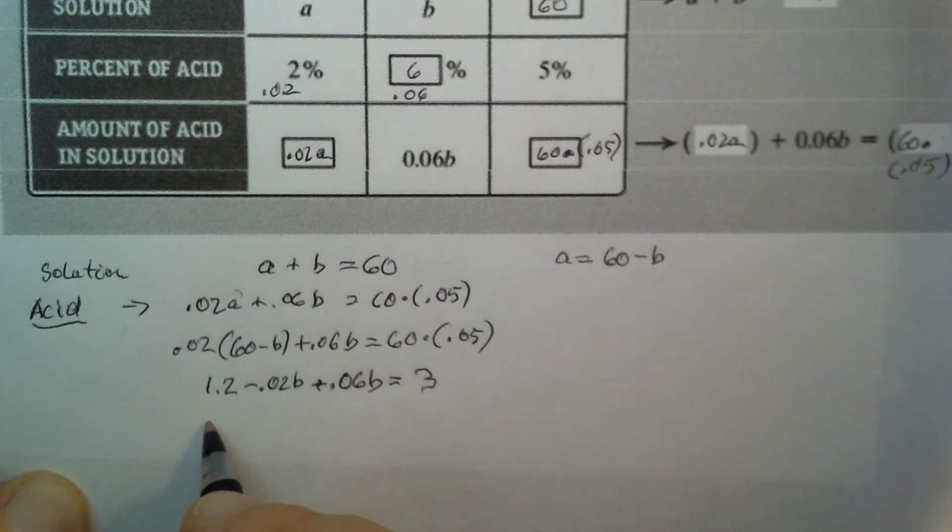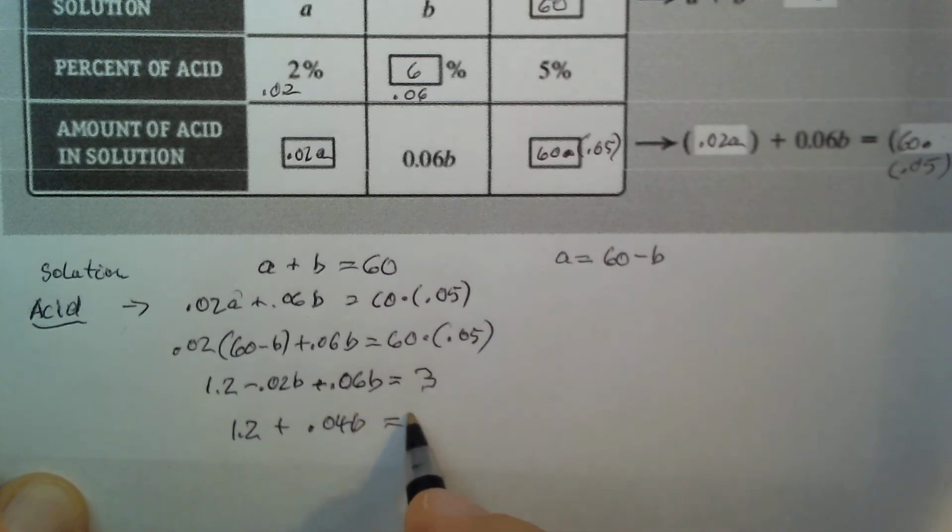Then we have 1.2, and when we combine minus 0.02B with 0.06B, we get 0.04B equals 3.